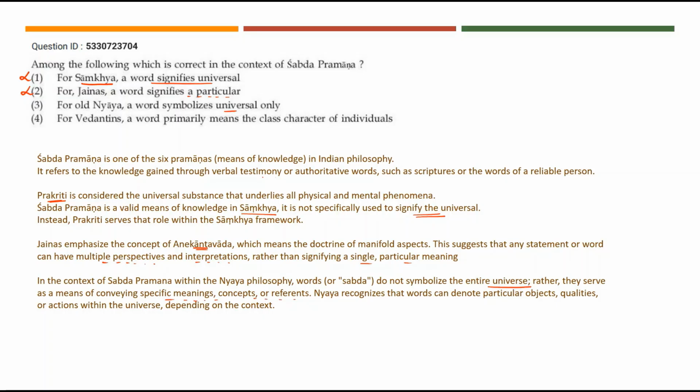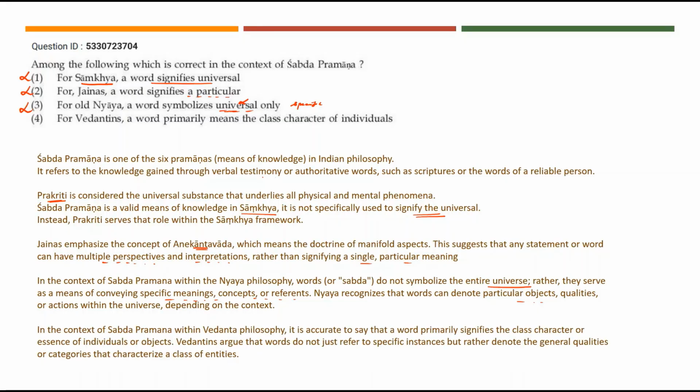Nyaya recognizes that words can denote particular objects, qualities or actions within the universe depending on the context. So here a word may symbolize something specific and not universal. So that's why we are ruling out even option 3. But in Jainas, a word signifies multiple perspective and interpretation and it does not restrict itself to a particular thing. From this, we obviously know the fourth one should be the answer.